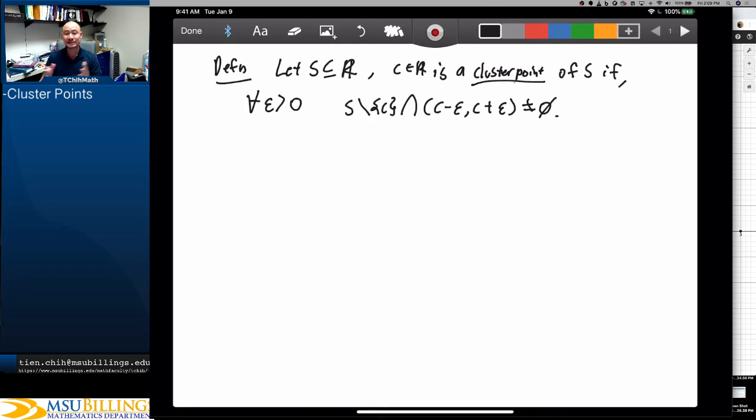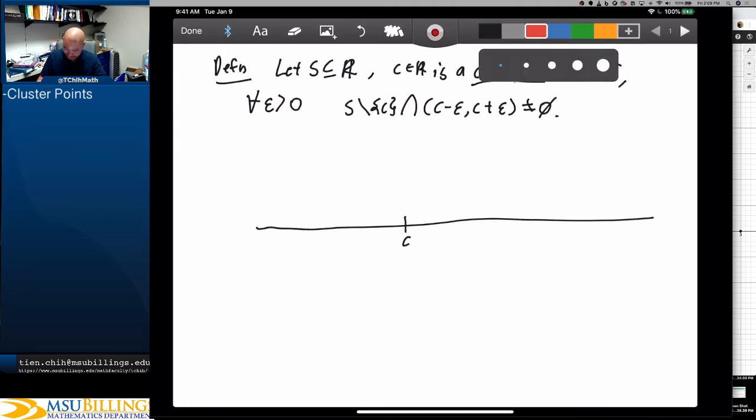So what does it mean to be a cluster point? Remember, epsilon is some small value, right? And what we're saying is, if I have a point C on the real number line, and let's say S is a bunch of points here, a solid line here, a whole bunch of points here, solid here, some more points, something like that.